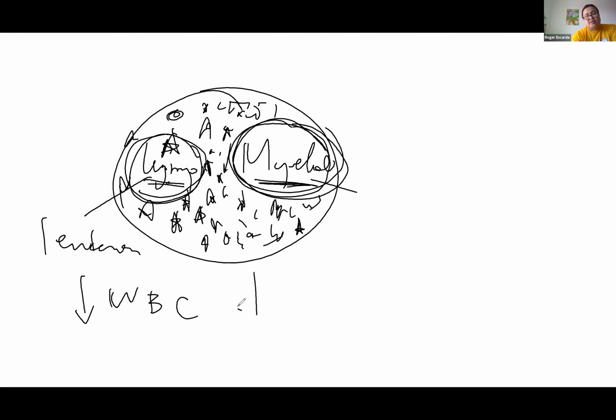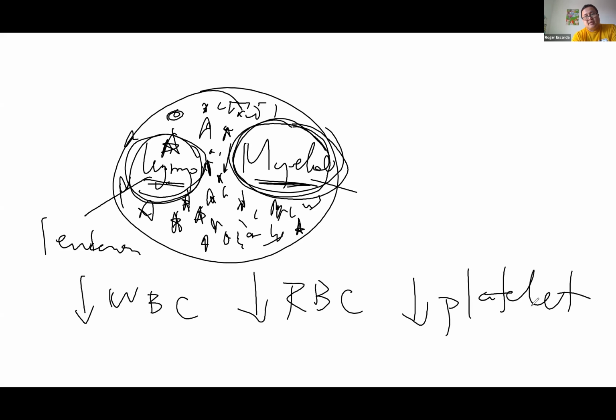So therefore, the patient ends up being low on all three blood types. And then we can say the same if the problem were the other way around. Does that make sense? Yes. Okay. Yes. All right.